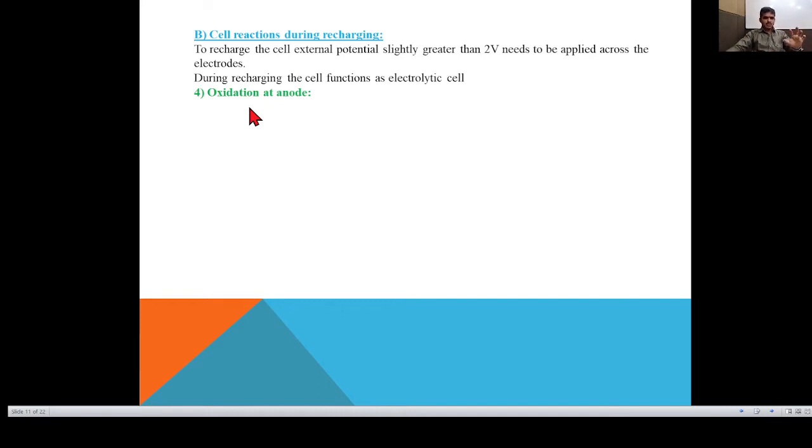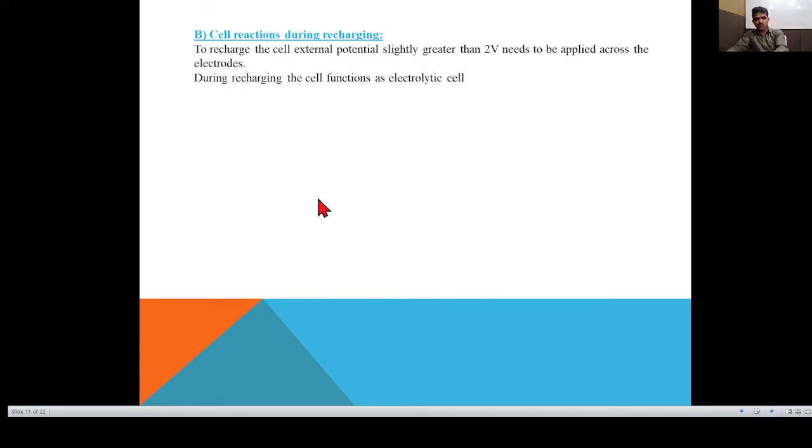The reaction that takes place during recharging takes place in a reversible manner at the opposite electrode. The reaction that takes place at the cathode during discharging takes place at the anode in reverse manner.